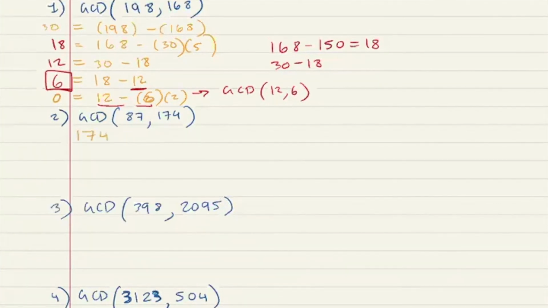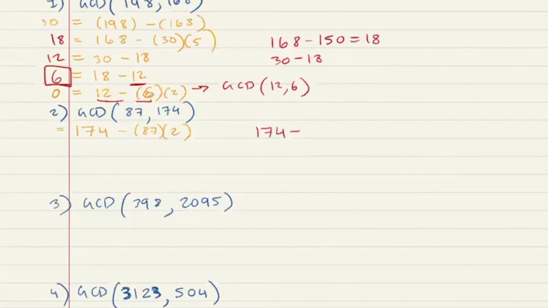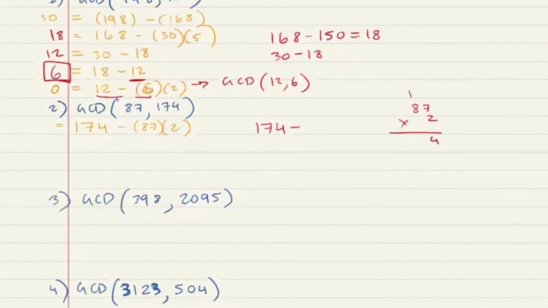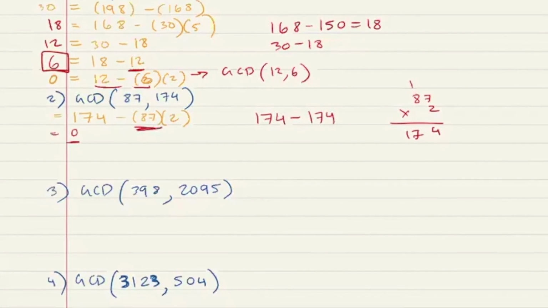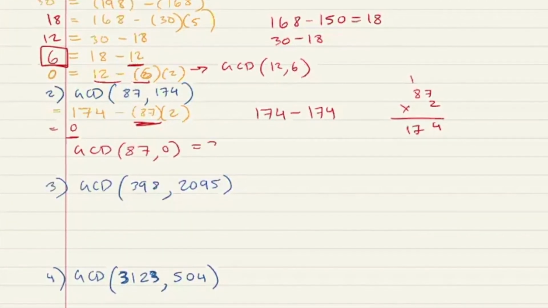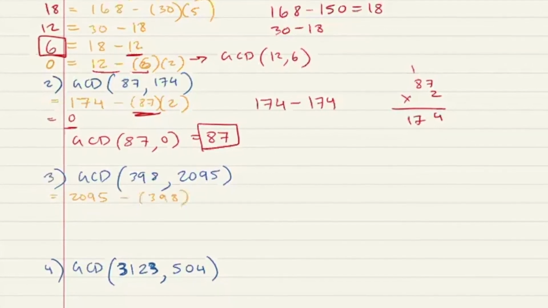For the second problem, we take the larger number, 174, and subtract 2 times 87, which is also 174. Because the difference is 0, and the GCD of 87 and 0 is 87, the GCD of 87 and 174 is also 87.